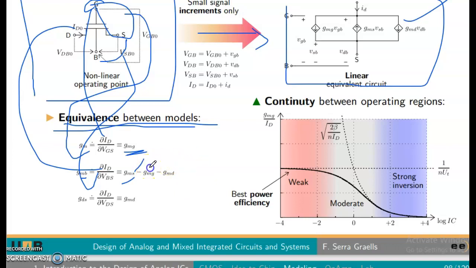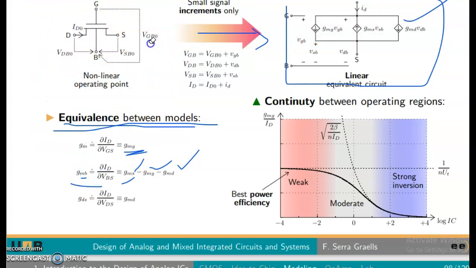GM minus gate GM minus drain GM. That's all.